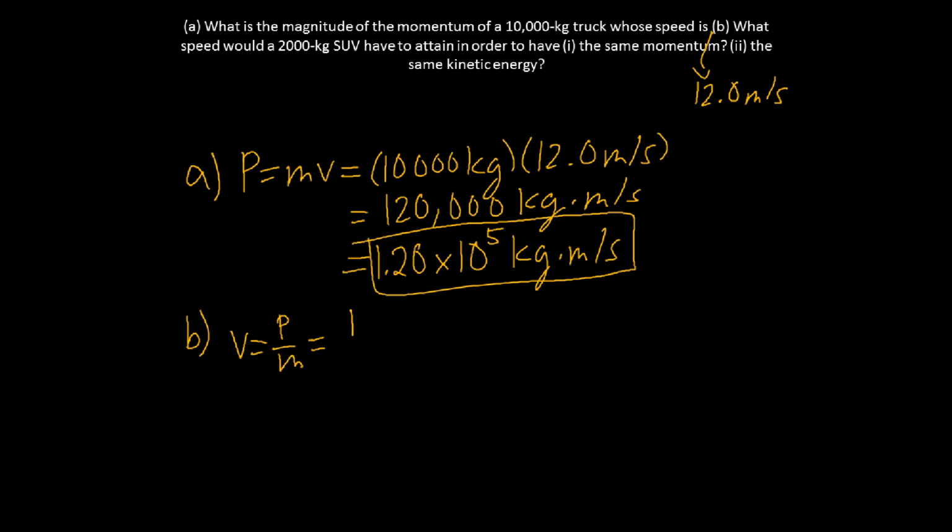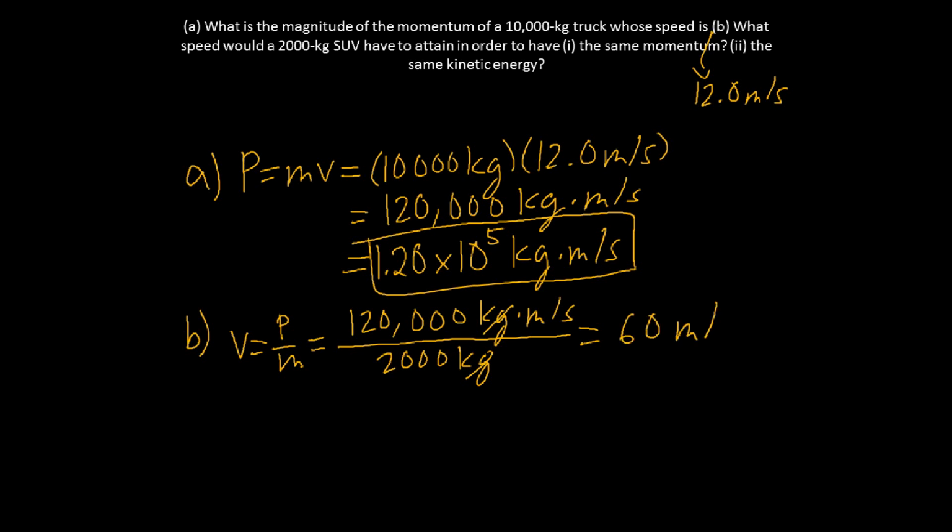So that is 120,000 kilogram times meters per second. Now the mass here would be, of course, of the 2,000 kilogram SUV. These units will cancel, and this will give us 60 meters per second. So this is the speed in order for the 2,000 kilogram SUV to attain the same momentum as the truck.